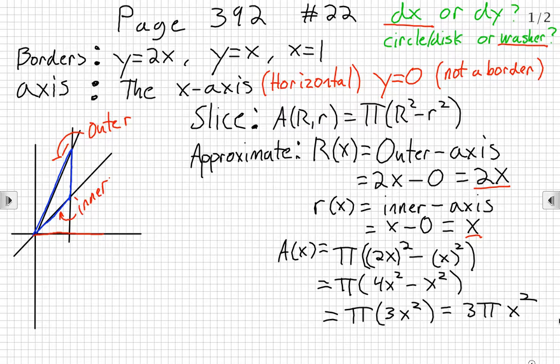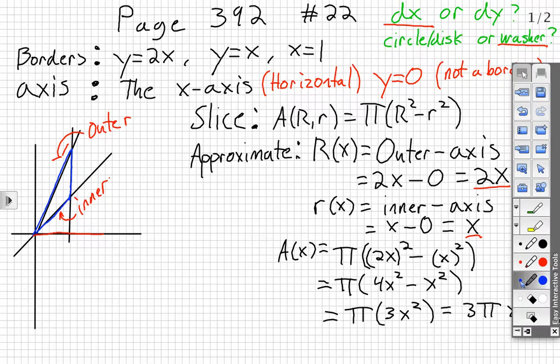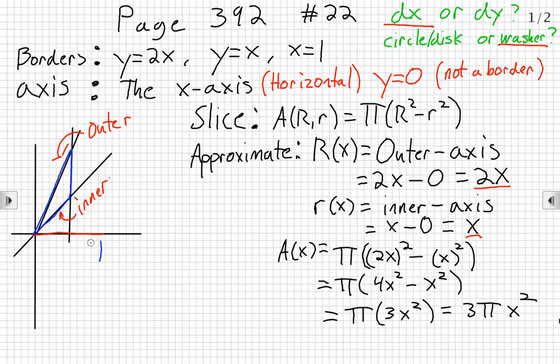Our last step for setup after slice and approximate is integrate. And I want to use blue because this is our goal. This is setting up the calculus. The volume will be equal to the integral from a to b of A of x dx. It should be pretty clear from our picture that a is 0.